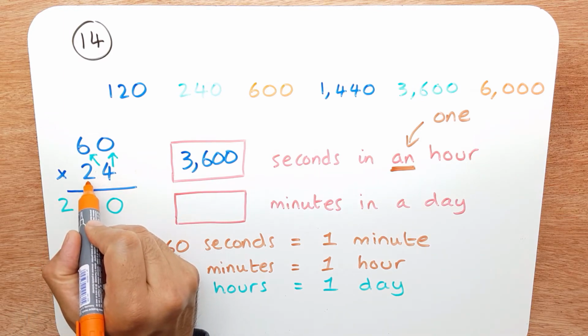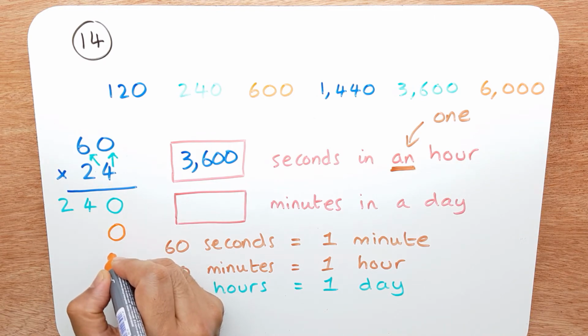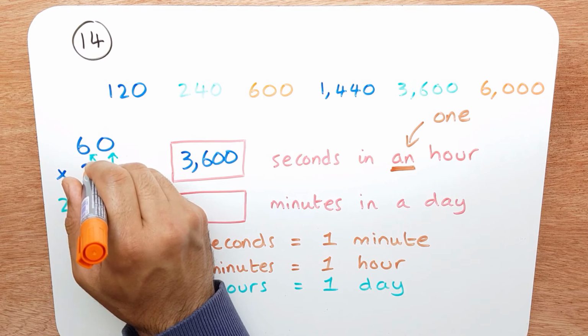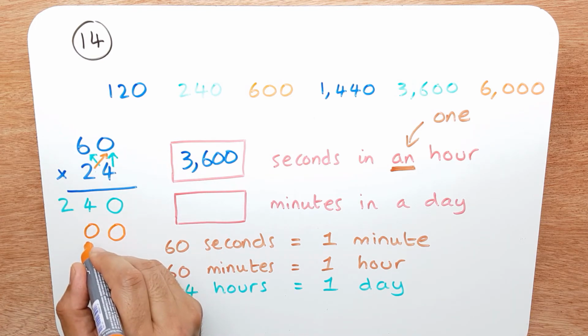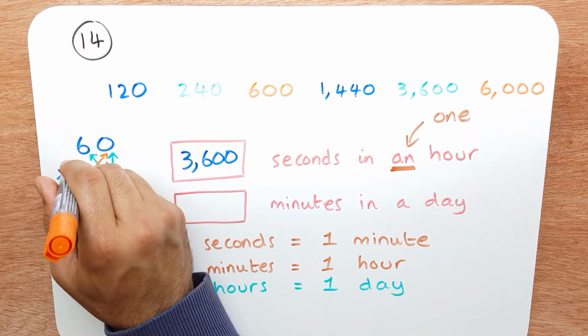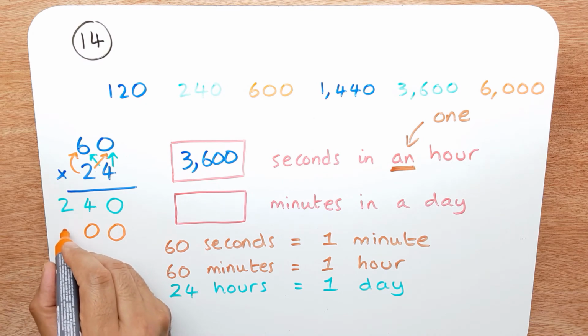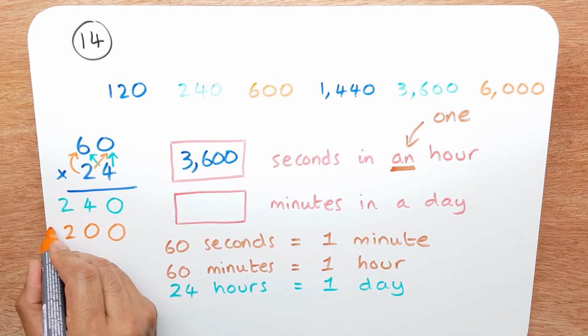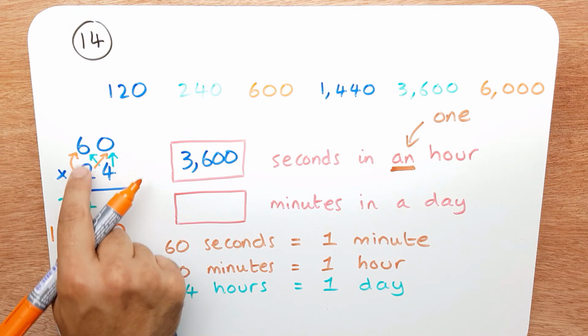Now because I'm moving on to the next column, I put a helper 0, a placeholder. So I do 2 times 0, which is 0. And then I do 2 times 6, which is 12. So I put the 2 down and I carry the 1 over to the next column because that's the end of my calculation.